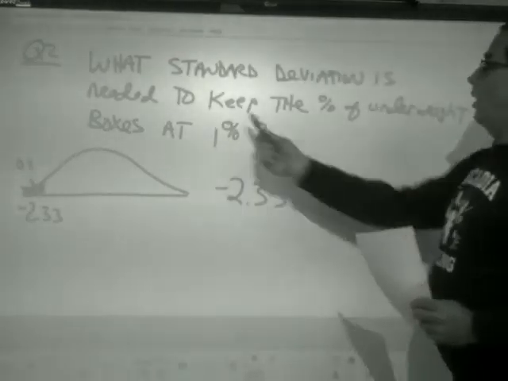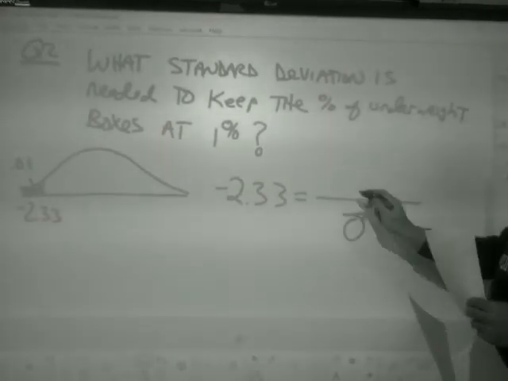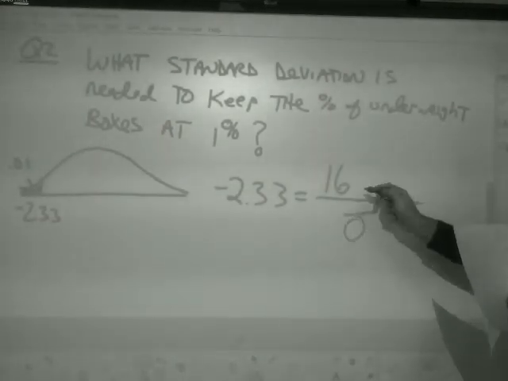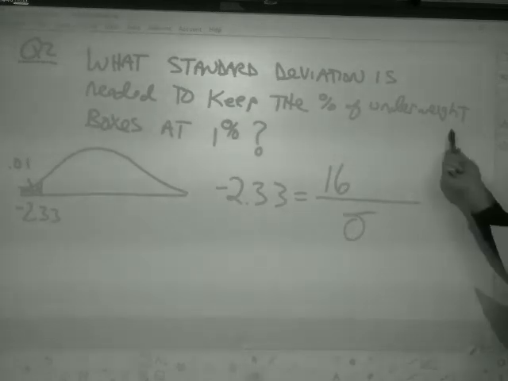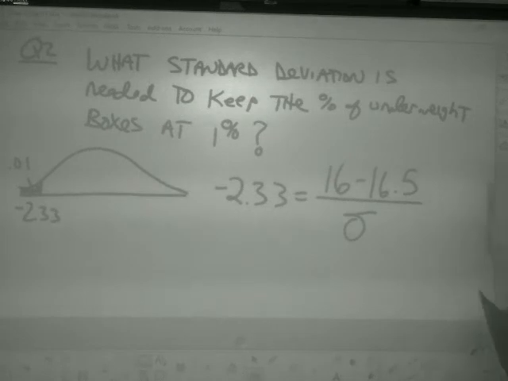Now, what standard deviation? So that's what I don't know. That's down here. I'm still using 16 as my value for underweight. And I'm still using 16.5 as the mean of that machine that I'm using.